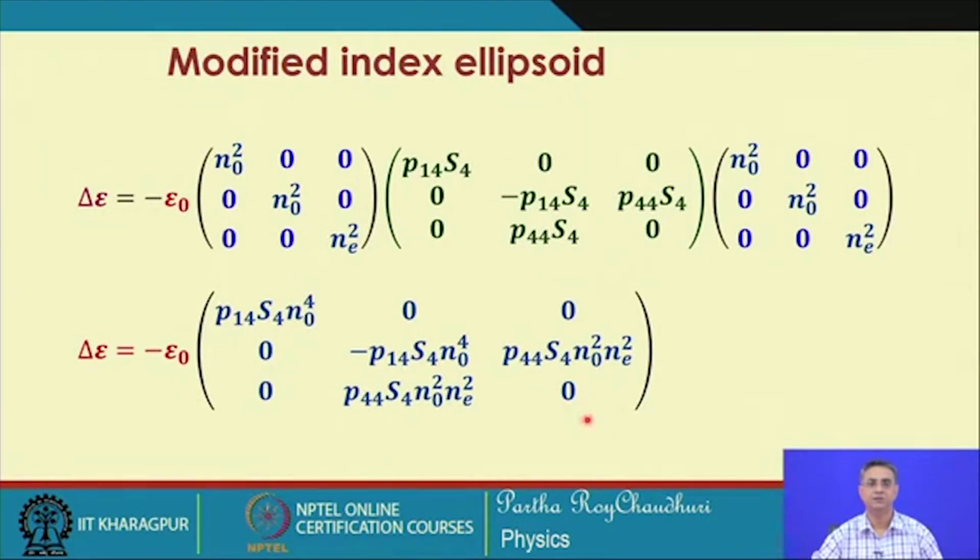Now, this change in the permittivity tensor contains 2 diagonal elements and 2 off-diagonal elements. These are because of the cross term.